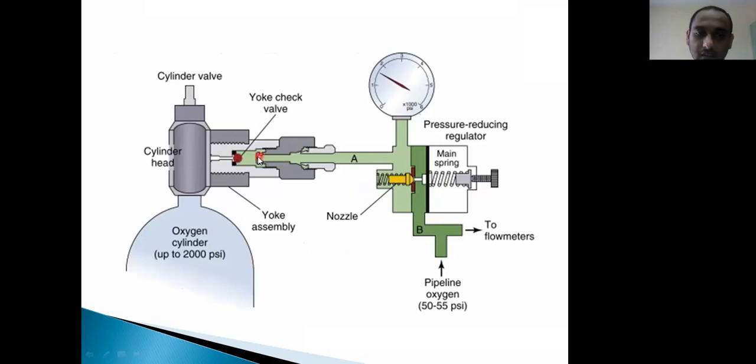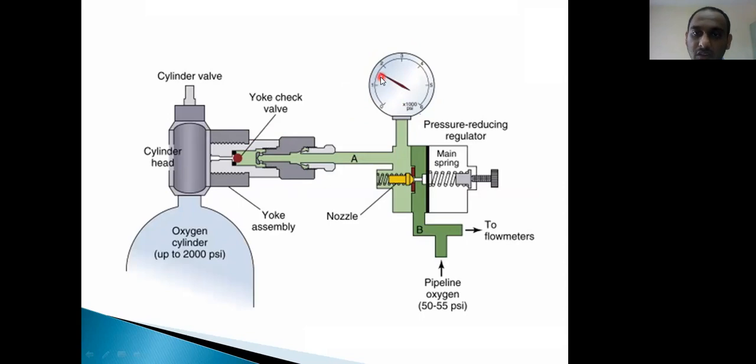gas outlet part. So from the cylinder head to, now this is the part of the machine where we are receiving the gases. It goes to the pressure gauge. So it is showing how much exact pressure is there inside the cylinder.